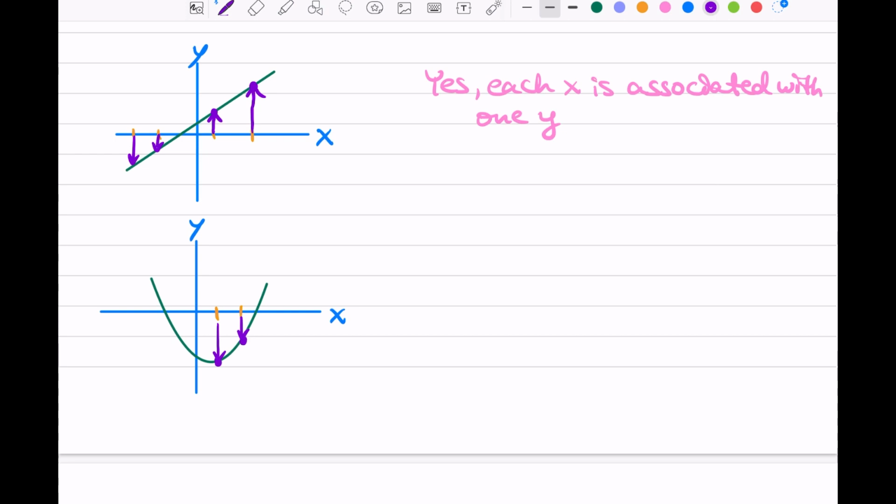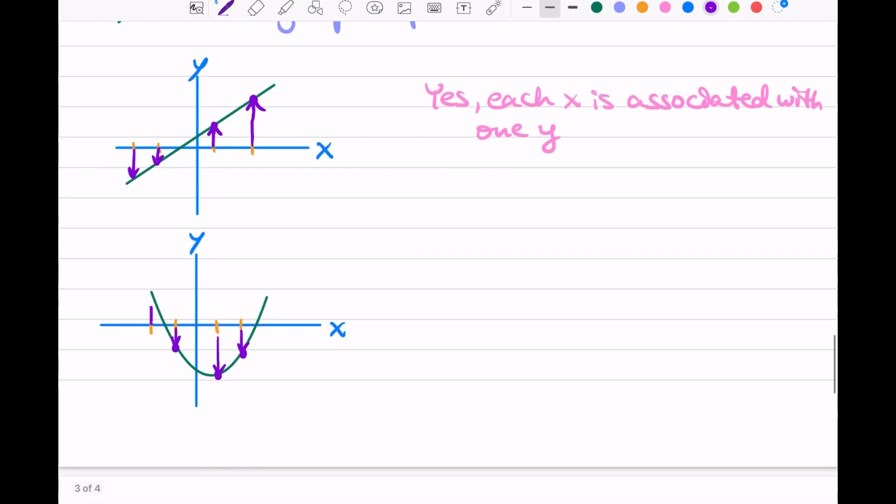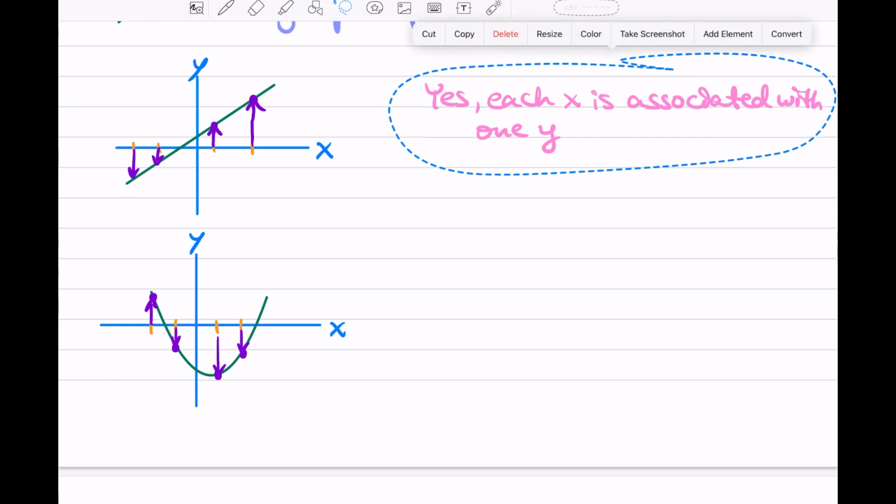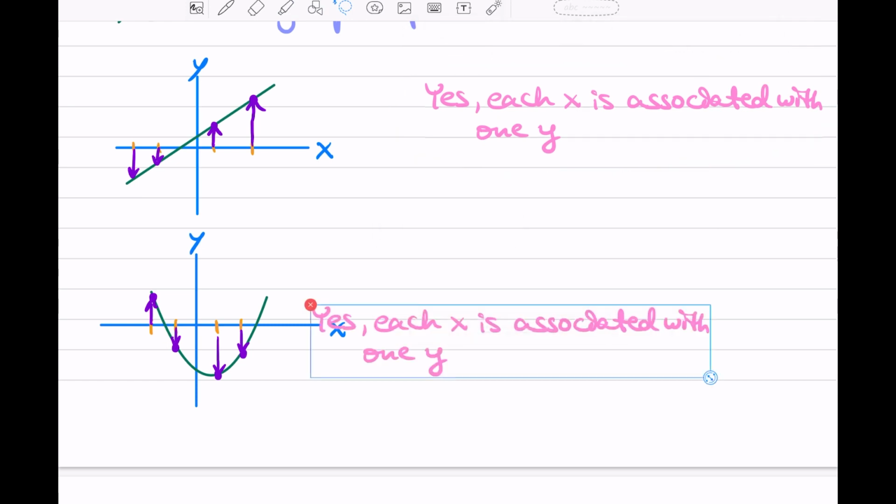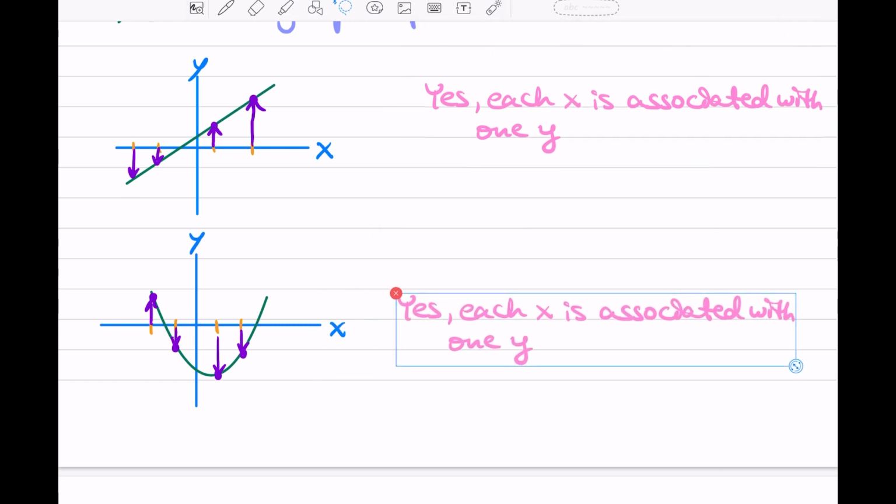Okay, we're good so far. Let's keep picking x's. That x right there is associated with y here. We keep on going, and it looks like every x that we're trying is associated with one y. So we can say the same thing. Yes, this is a function, because each x is associated with one y.